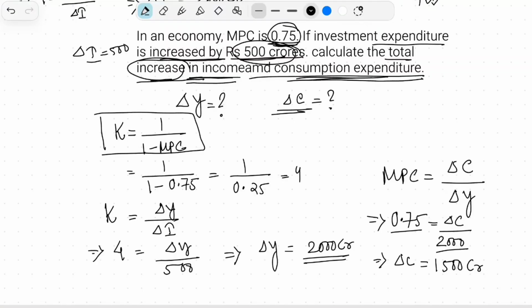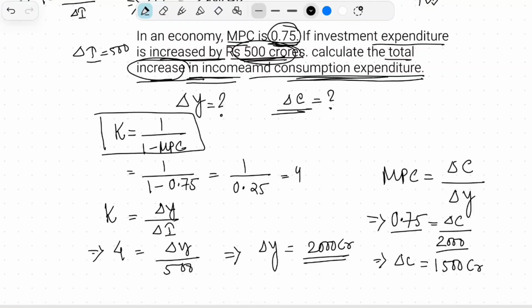So the sums are very easy. If you see the question and analyze the question, it will be very easy to solve. The question mentions that MPC is 0.75. Already the MPC is given. If the investment expenditure is increased by 500, apply your common sense. Earlier it was something, but now the investment expenditure has been increased by 500.